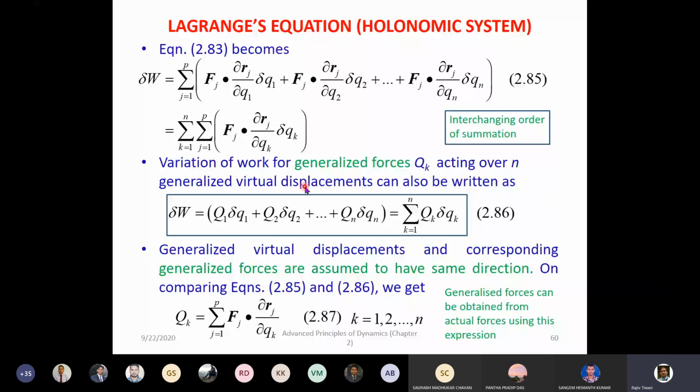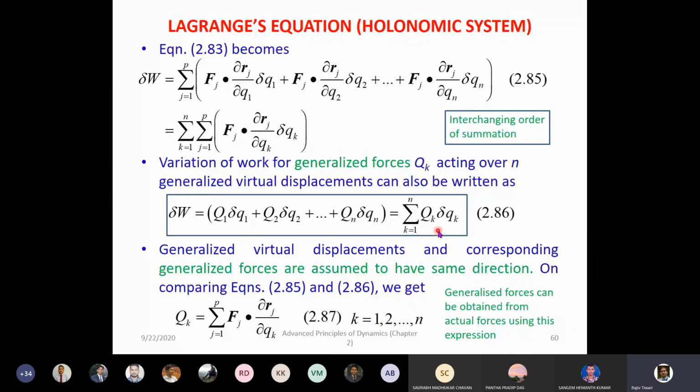Then the virtual work because of this generalized force will be the force times the variation of the generalized coordinate. So this is the generalized force and the corresponding generalized displacement. We have n such generalized coordinates, and we are assuming that many generalized forces will be there. So if we sum these terms up, because they are n in number, they can be written like this.